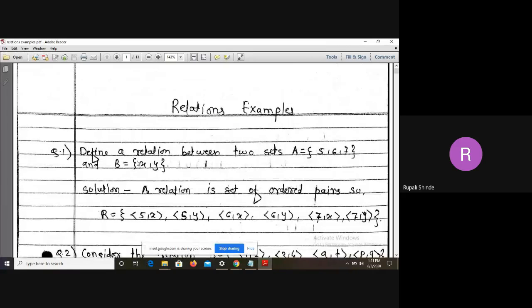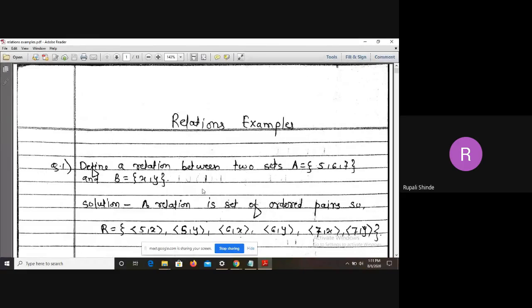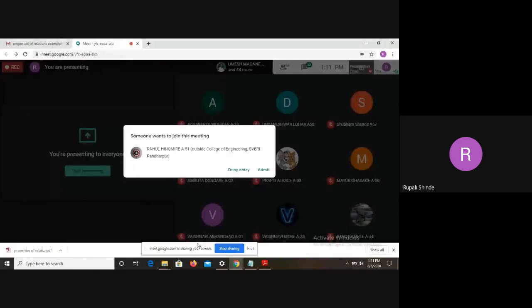Okay. So question number 1, define a relation between two sets A and B where A is containing elements 5, 6, 7 and B is containing elements X and Y. So from these two sets we have to define one relation. So what is the definition for relation?